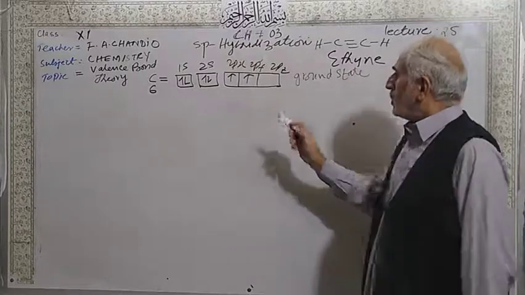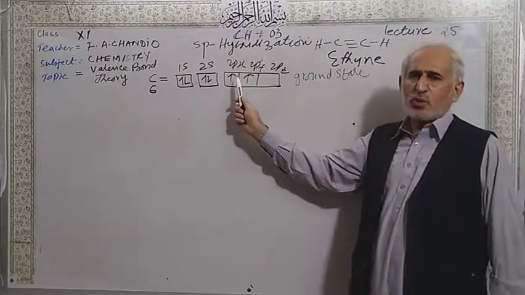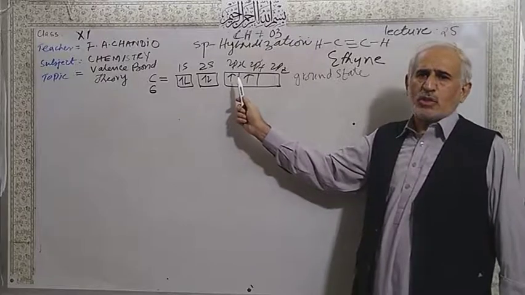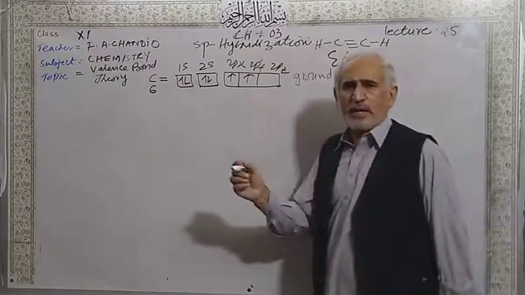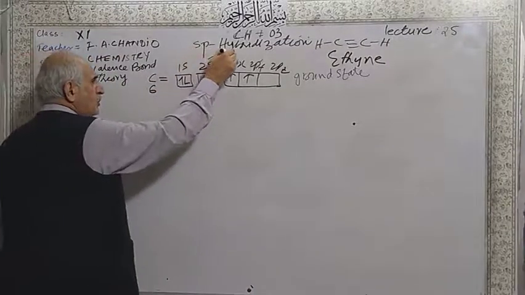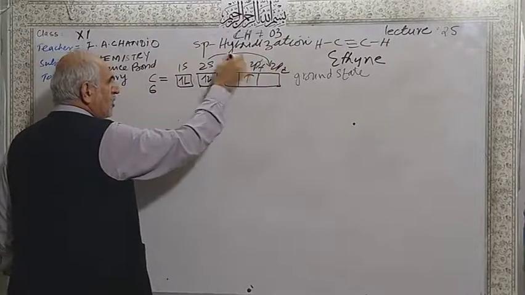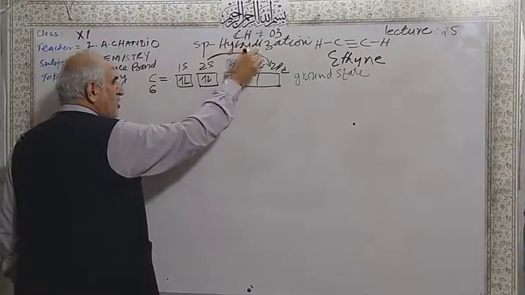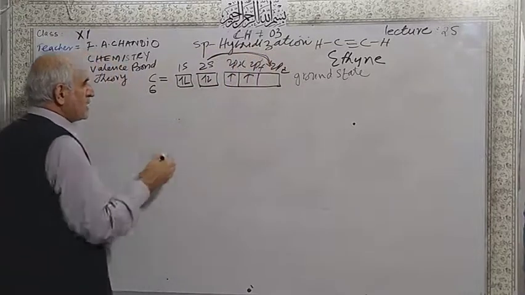I'm not going to repeat it because two electrons are here. These two electrons show carbon is divalent, but it is tetravalent. That's why you should promote one electron from the 2s to 2pz.